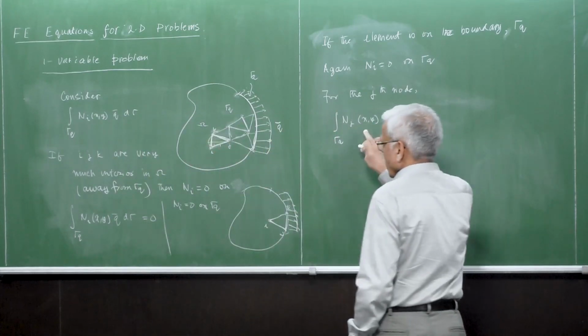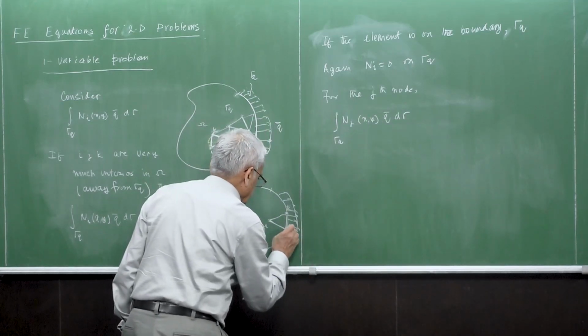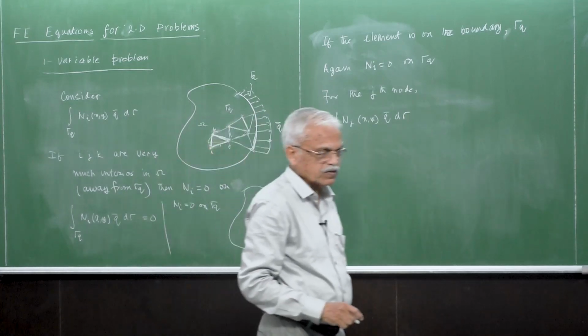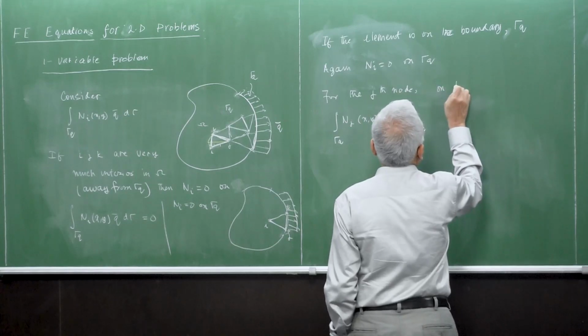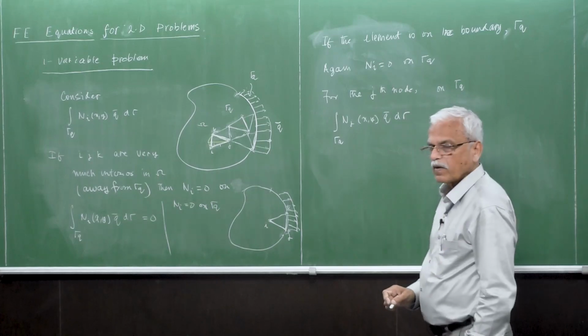So if you are looking at this jth node, lying on gamma q, then what is its contribution?